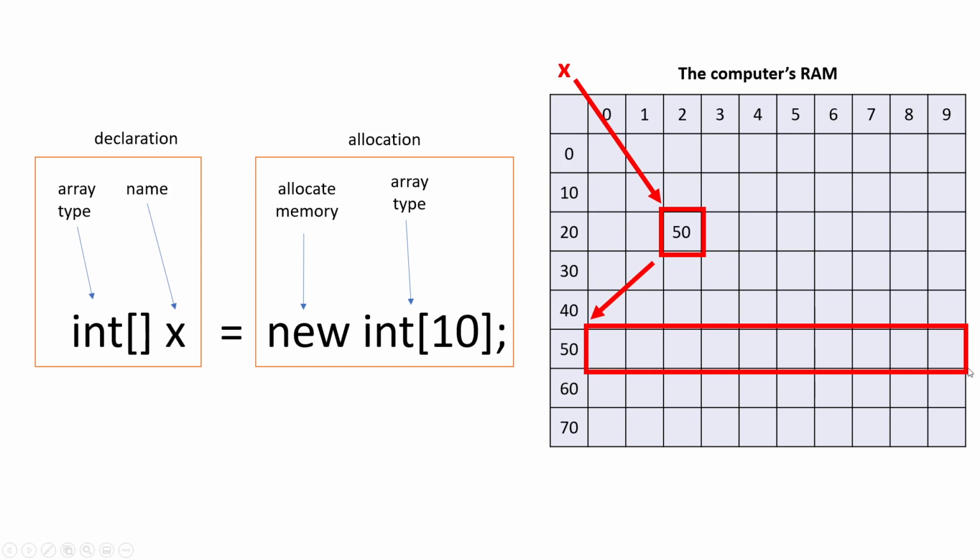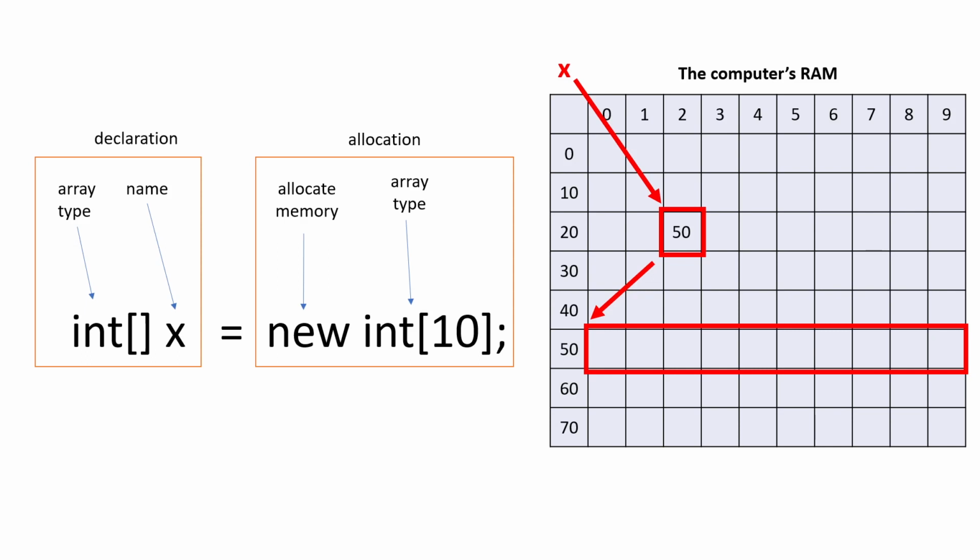So those 10 values start at memory location 50. That is the first box there. So inside X I store memory location 50, and then when I'm trying to do stuff with the array, I look in X, and what I find is not a value of X, but instead I find the location in memory where I've stored all 10 values of X.